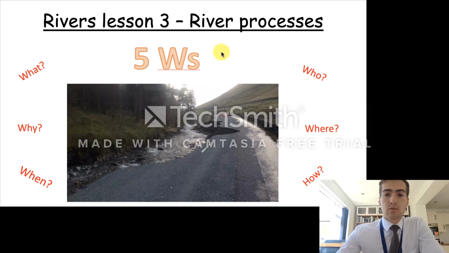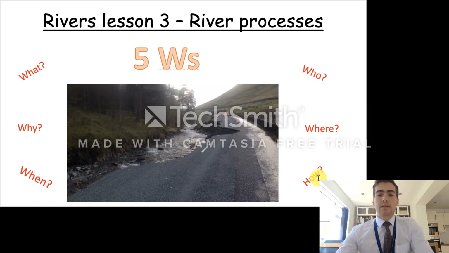So like I said, today it's river processes. I thought I'd start with a little bit of a picture task. So the 5 W's and how as well. So in this image here, I want you to have a quick think.